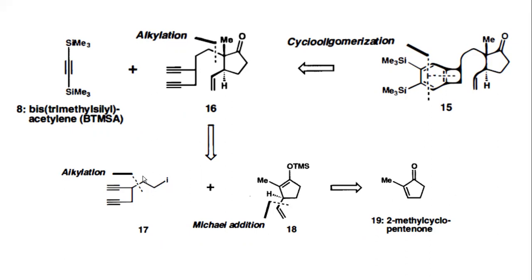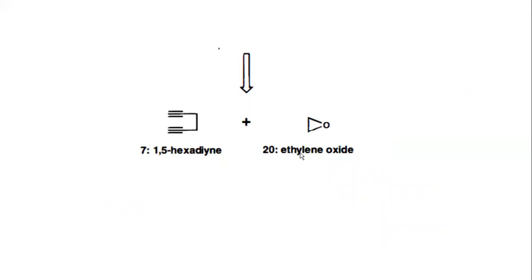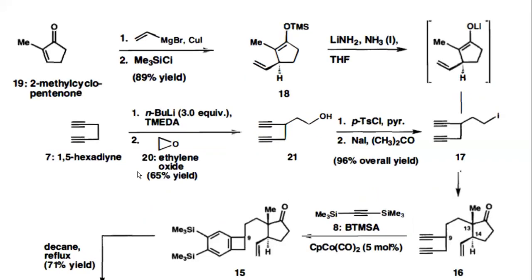This alkylation part we can get from an epoxide type of compound, here ethylene oxide, and 1,5-hexadiene.